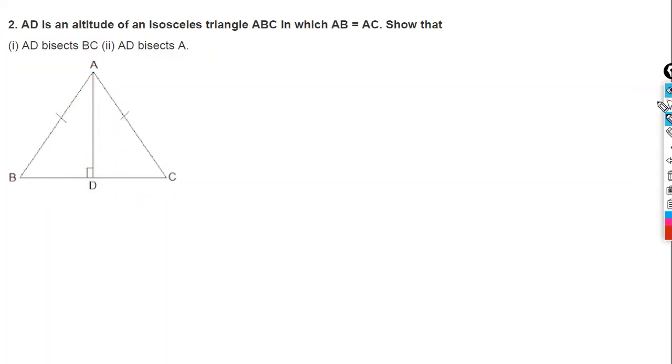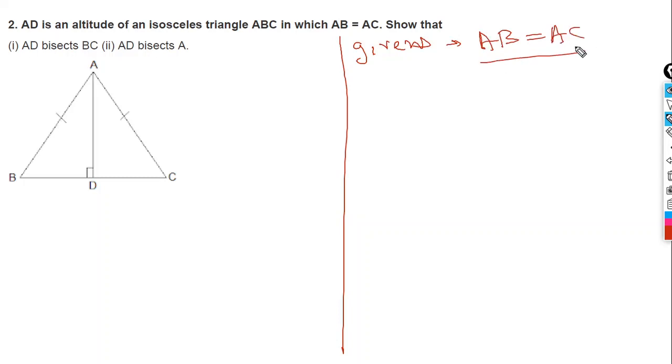Okay, now let's try it out. First, please write given. What is given? Triangle ABC, where AB equals AC. This is given.